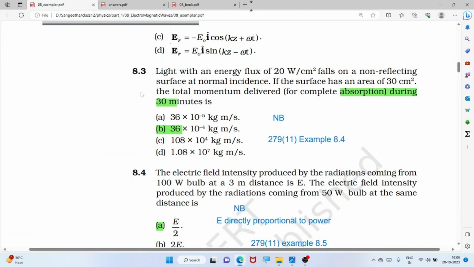Light with an energy flux falls on a non-reflecting surface at normal incidence. They are given the area and the time, and they are asking the momentum. Given the energy flux, area, and time, they are asking the momentum.